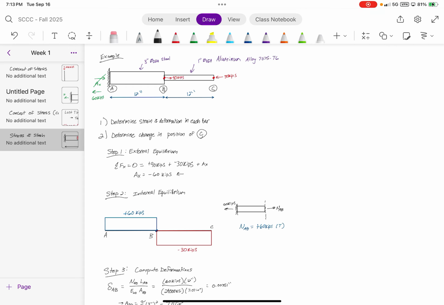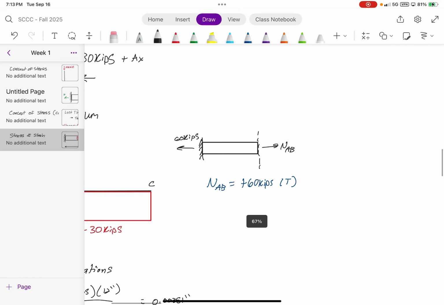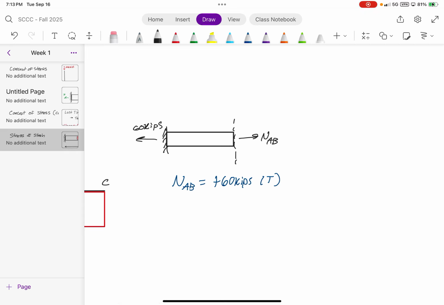How do you get that 60 kips? Because if the A1 is equal to... These 60 kips comes from this little thing right here. So you have 60 this way. Then this is the reaction force, which you basically apply as a separate force on the structure. And then once you cut a section through here, eliminate everything on the right-hand side. So that's why it's 60, because we're only considering the left-hand side.